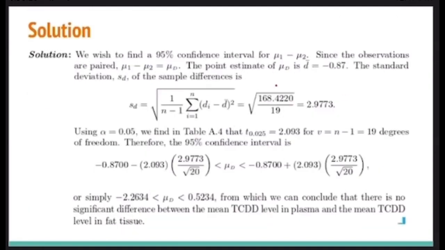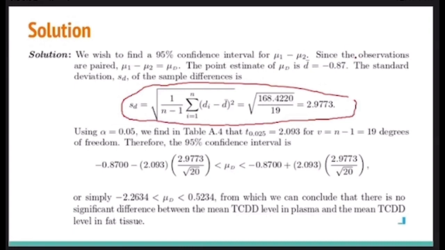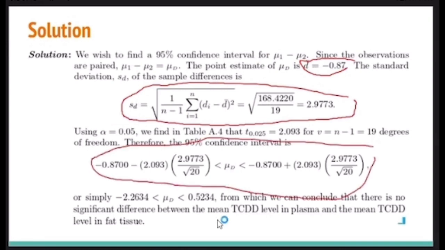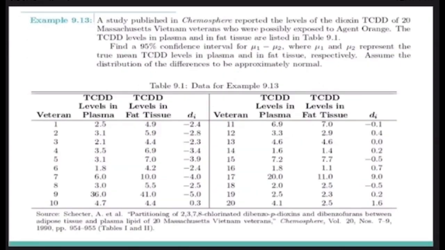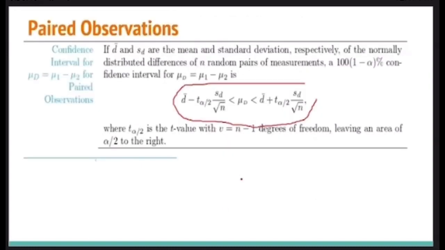So, getting that, this is the mean of the difference, D bar, and this is the standard deviation of the difference. What are we going to do now? Then we're going to plug the mean into the formula, if you come back here. You see the formula?